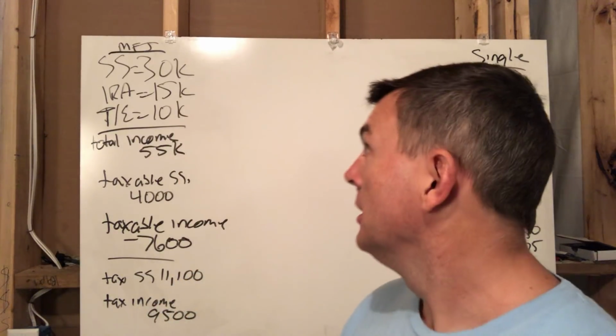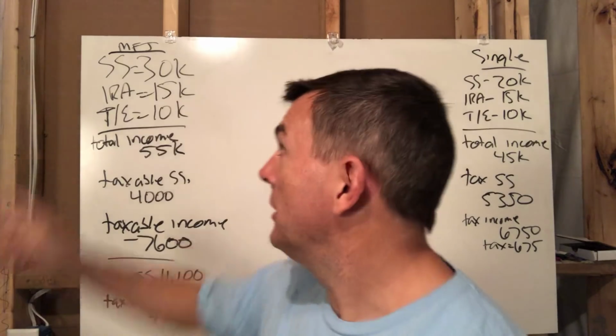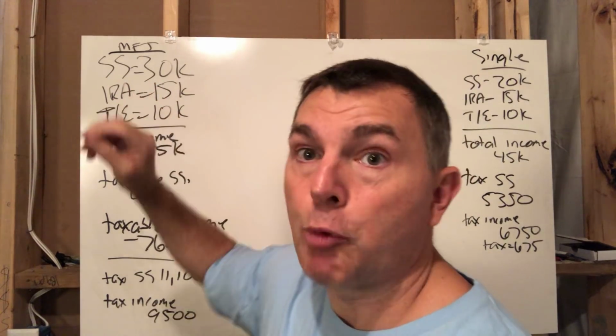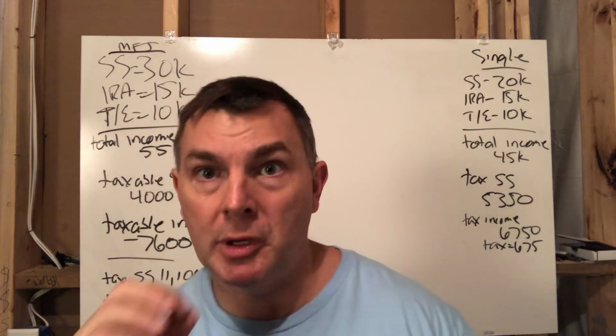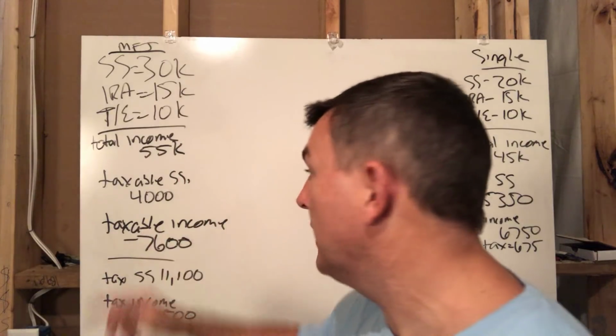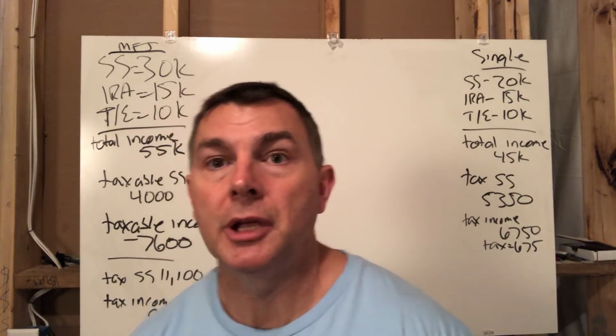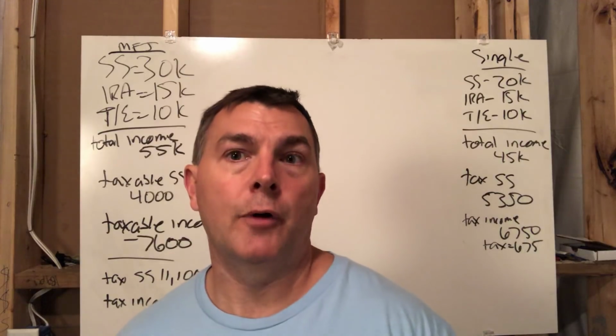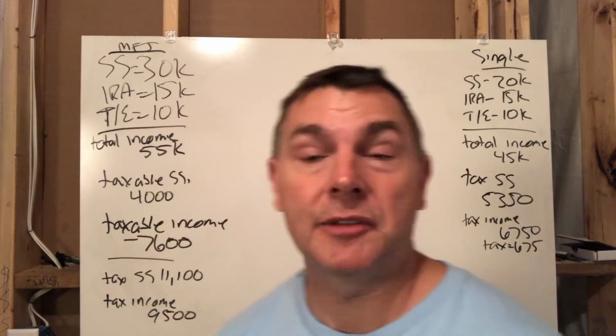That's just a fact. Now, remember, before he died, when they were married filing jointly, they did a Roth conversion because in our first case scenario they had negative taxable income of $7,600. So we did a $10,000 Roth conversion to take advantage of that.